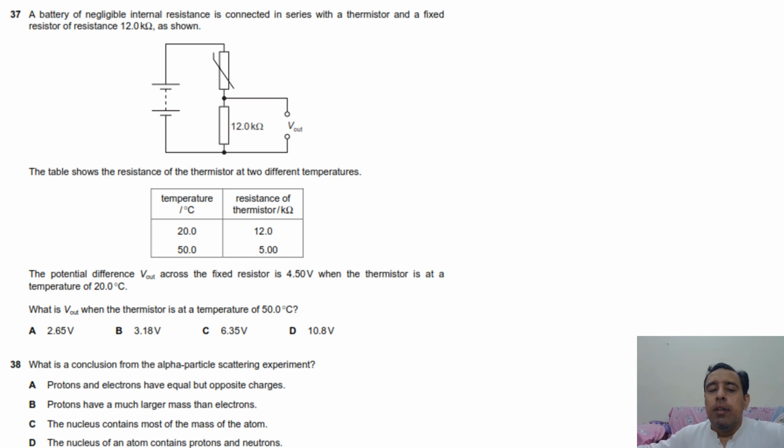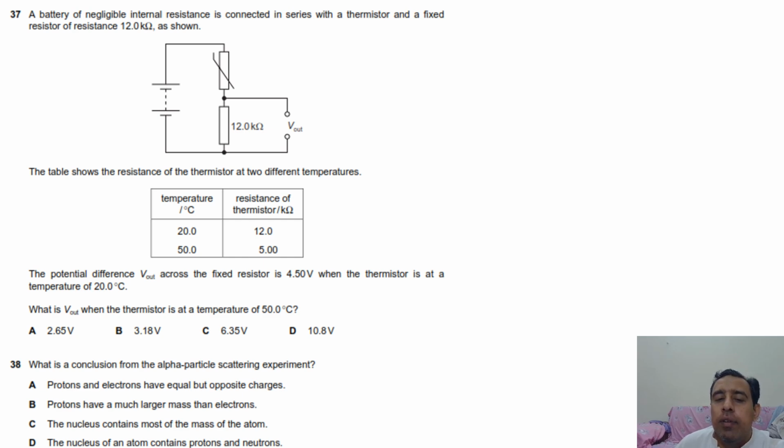In question number 37. A battery of negligible internal resistance, yeah, right, it is connected in series with the thermistor and a fixed resistor of 12 kilo ohm. Okay, the table shows the resistance of the thermistor for two different temperatures. At 20 it's 12 kilo ohm, and at 50 degree it's 5 kilo ohm.